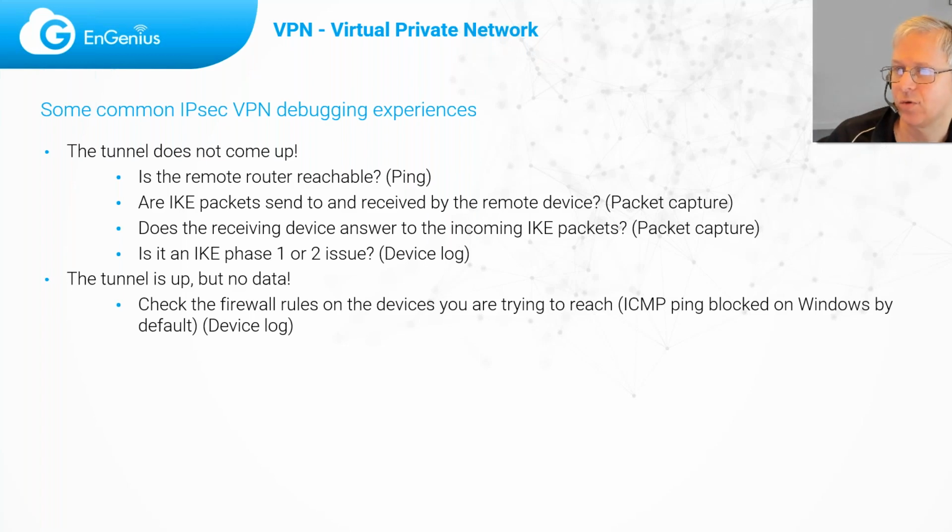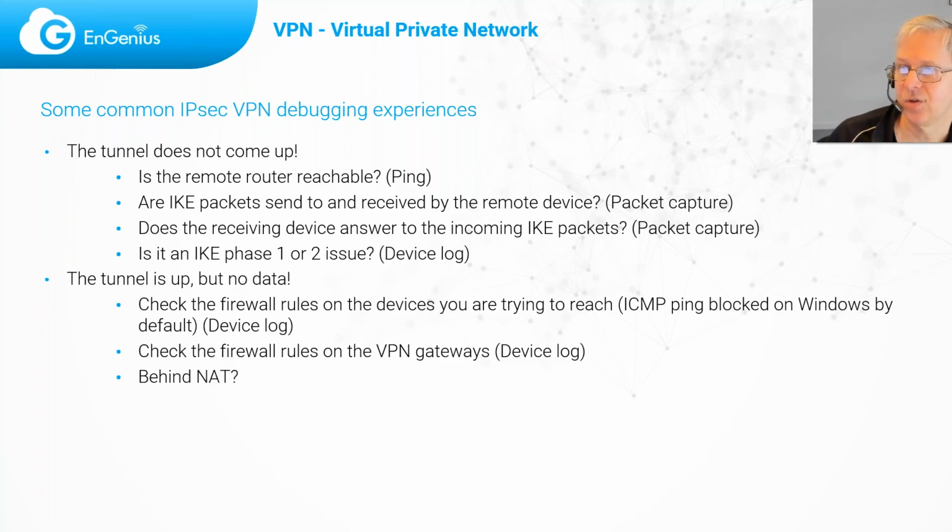Well, Windows computers by default, from I think Windows 7 or so, have ICMP ping blocked by default. So maybe your tunnel is up, but your pings are simply not answered because of the Windows firewall. So it's important to take that into account. Firewall rules on the VPN gateway you need to check.